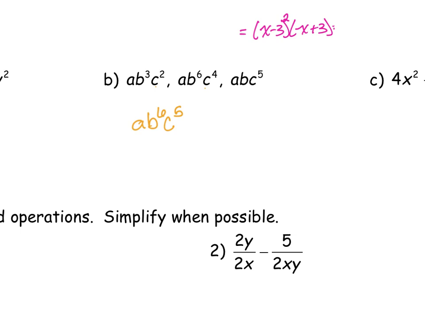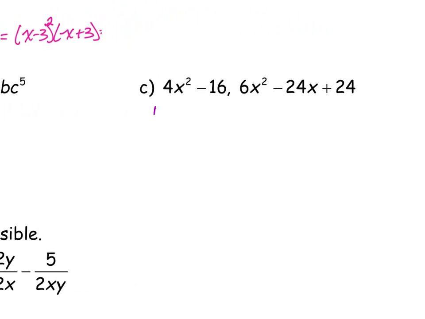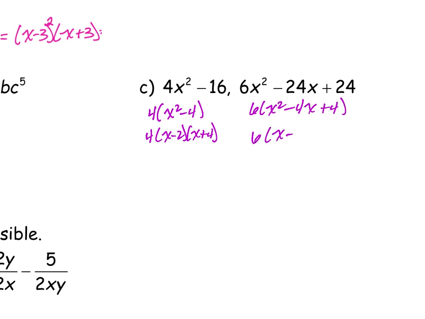And then C. Let's see, if I factor this out, I'm going to factor 4 out, and I get x squared minus 4. So that gives me x minus 2, x plus 2. And then out of this one, I'm going to factor a 6. x squared minus 4x plus 4. x minus 2, x minus 2.